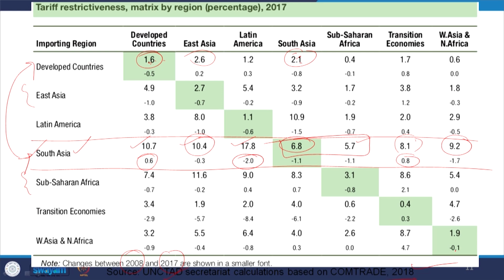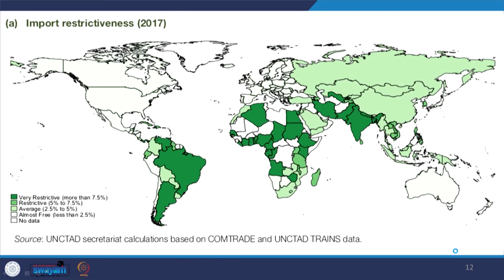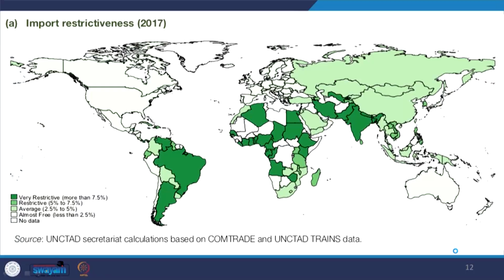Then let us move to the understanding of tariff in a map. This is again, look at the source, UNCTAD Secretariat calculation on Comtrade and UNCTAD TRAINS data. We have already mentioned, we will also talk about those data later.